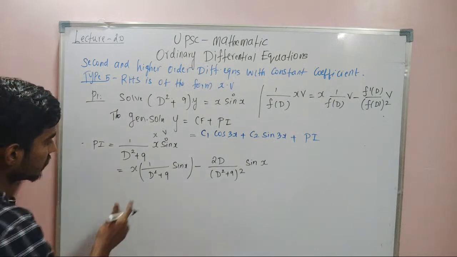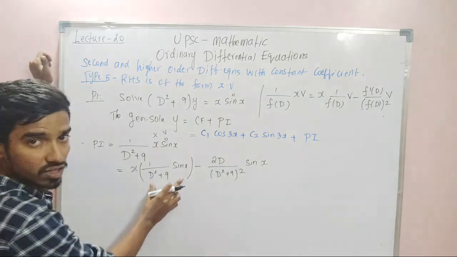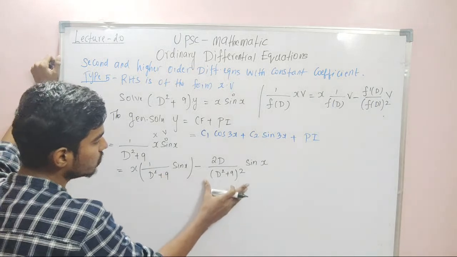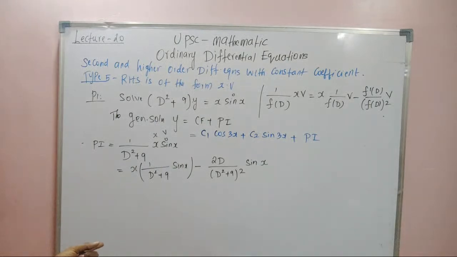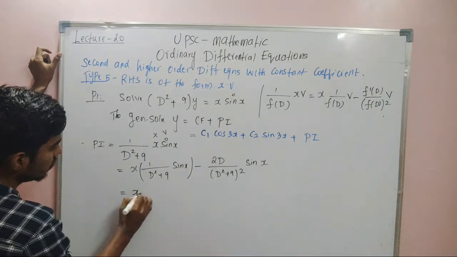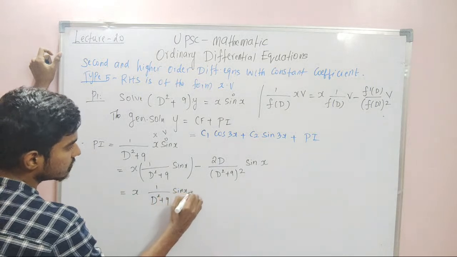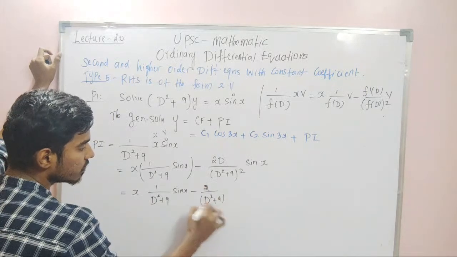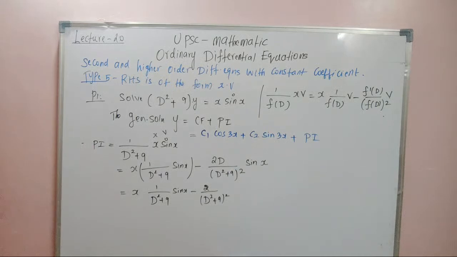Now we need to solve this using type 2, that is 1 by f of D into sin ax, and again we need to solve this using type 2. So we can see the type 5 problem is now reduced to type 2 when we use this formula. So this will be x into 1 by D square plus 9 sin x minus 1 by D square plus 9 whole square, keeping 2 as it is, D of sin x. D means differentiation, 1 by D means integration.